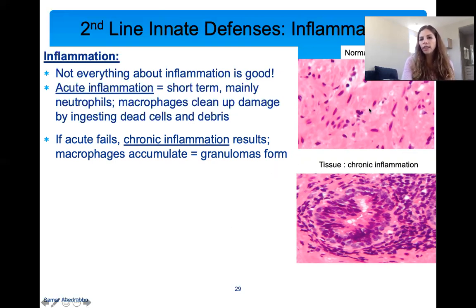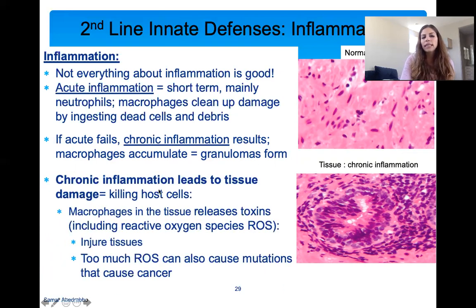And doctors that look at tissues, for example, inflamed stomach tissue versus regular stomach tissue, when they look at chronic inflammation, they see a lot of these granulomas. And it leads to tissue damage. Again, the tissue can eventually die over time because of all the accumulation of macrophages.